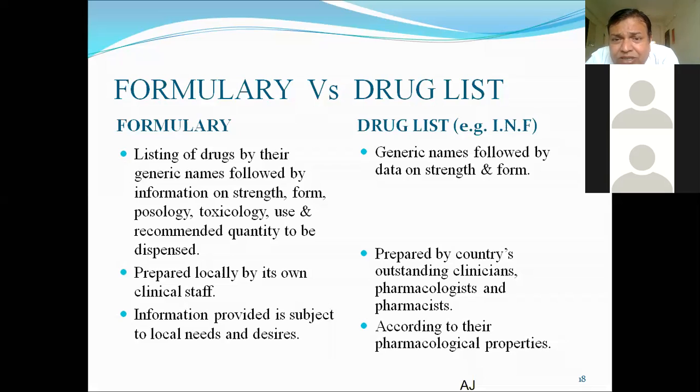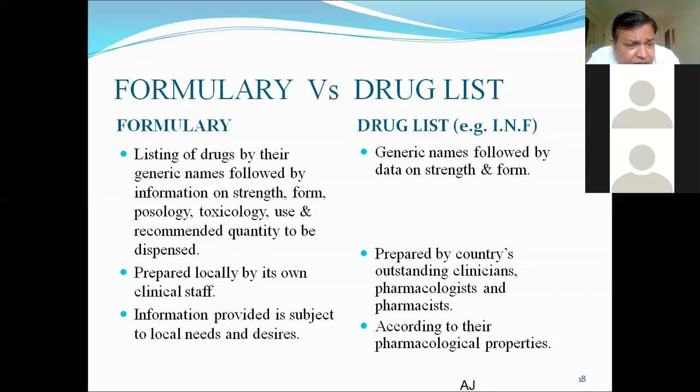Now, a drug list is the generic name followed by data on strength and form. Similarly, a formulary is prepared locally by its own clinical staff, and a drug list is prepared by the country's outstanding clinicians, pharmacologists, and pharmacists.